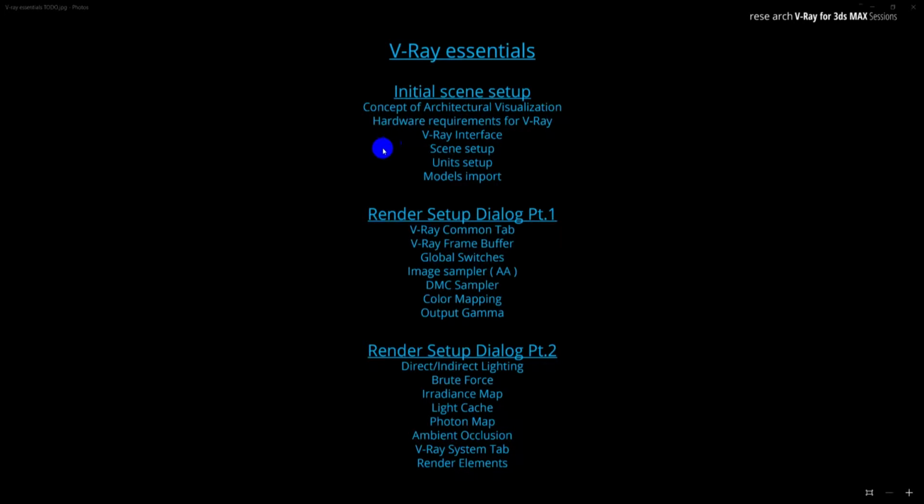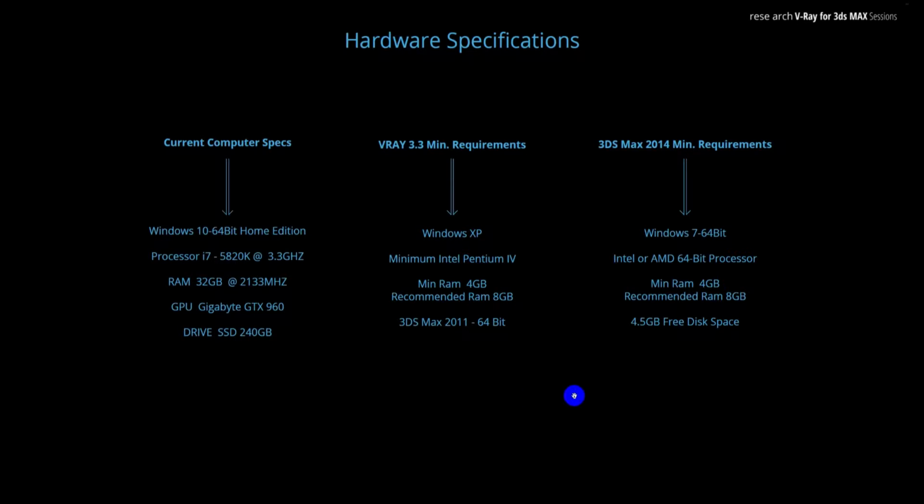Okay, so the next thing on our list is hardware requirements for V-Ray. Let me go to my PDF again, and you can see here that I already made some specifications written down for you to understand what I'm using, and what are the least specs your computer should have in order to handle V-Ray and 3ds Max comfortably.